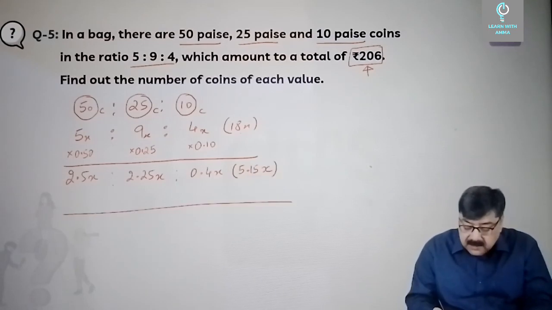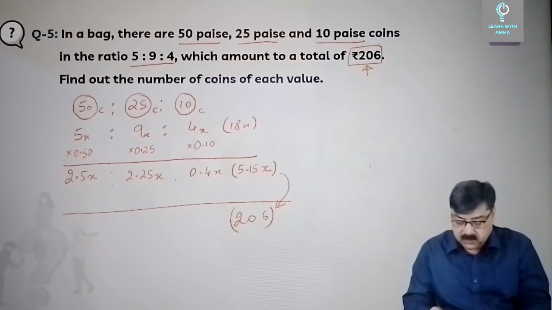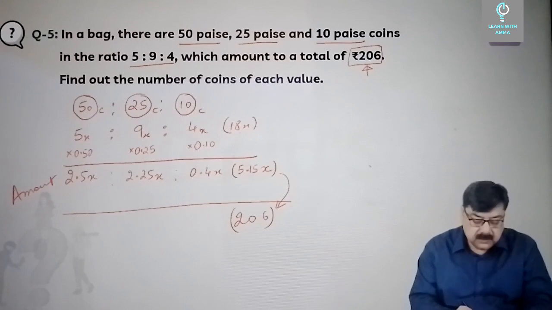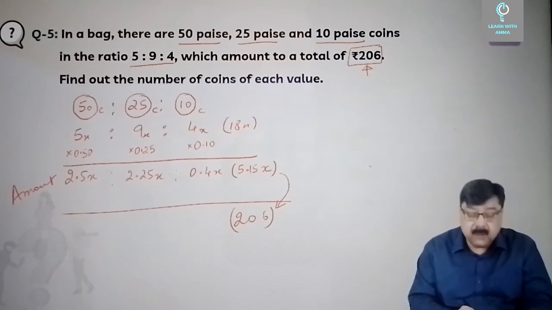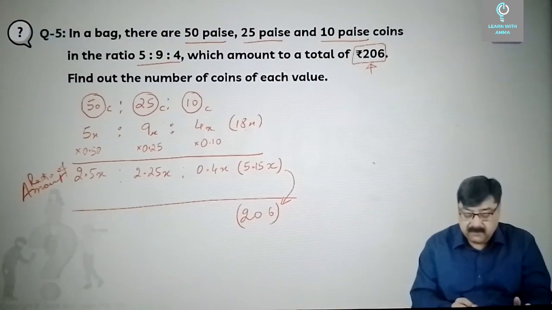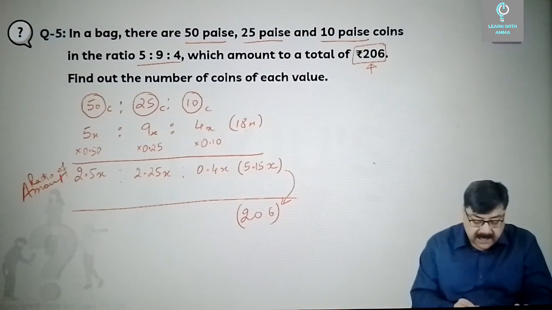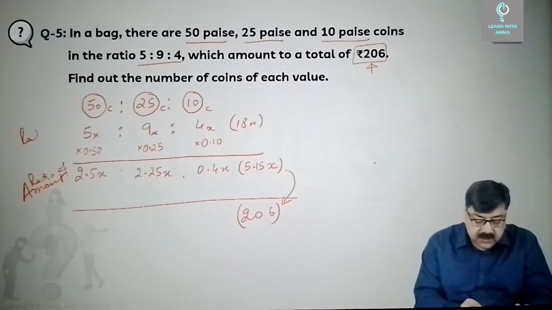Now this here is equal to rupees 206. Now this is what? This is the amount. Alright. So ratio of amounts, I would say. Ratio of amounts. Amount of money through 50 paisa coin, through 25 paisa coin, through 10 paisa coin. And here this is ratio of number of coins.